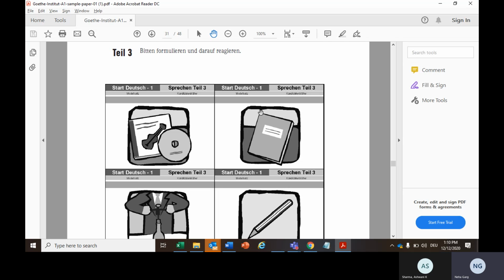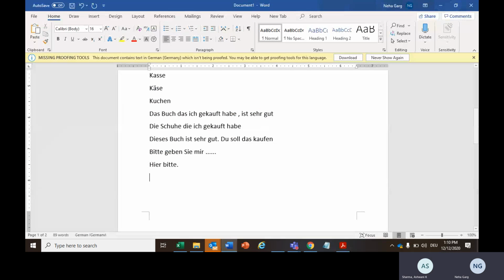Don't make the whole sentence. You can just give the one word answer. Deutsch Buch, Krimi, basically related to crime. So any genre basically you can mention. Oder Romane, basically novels. Okay.